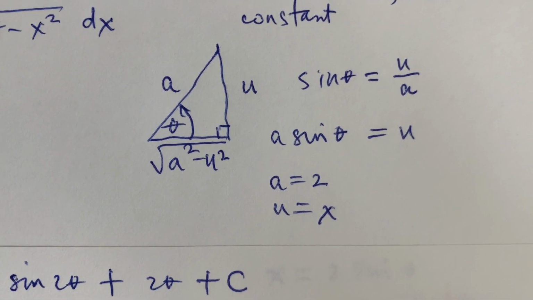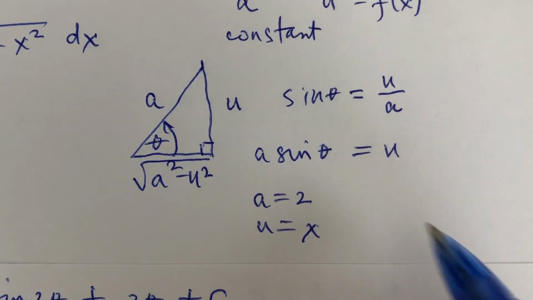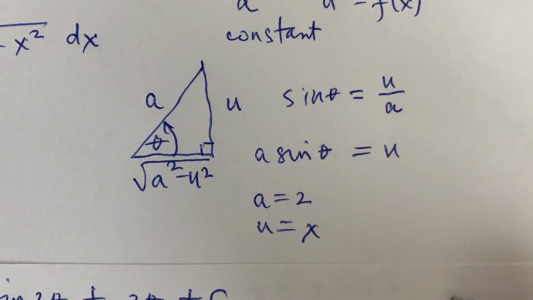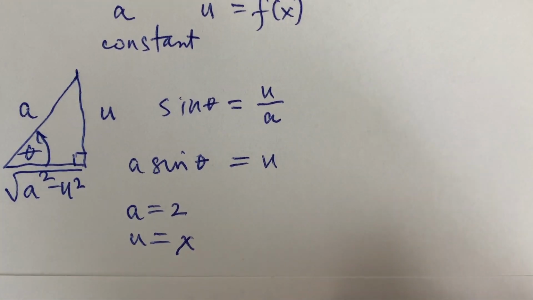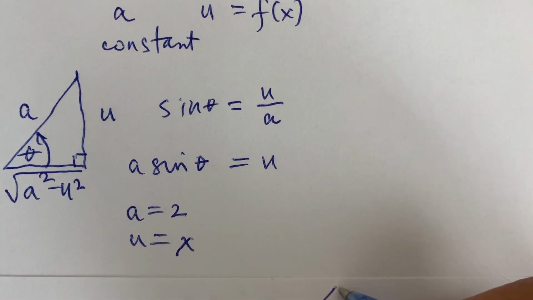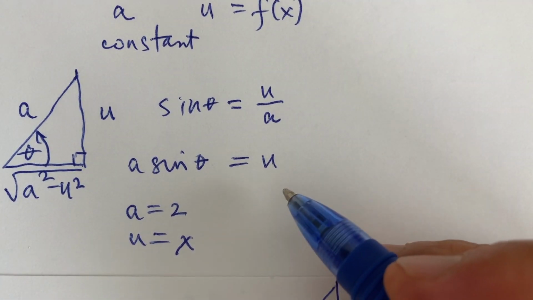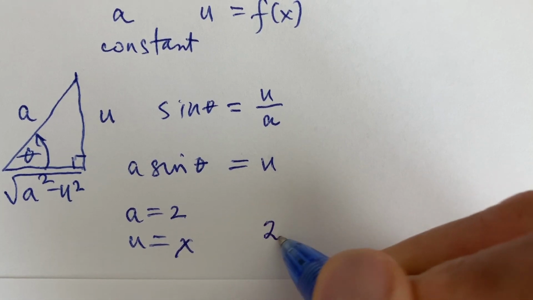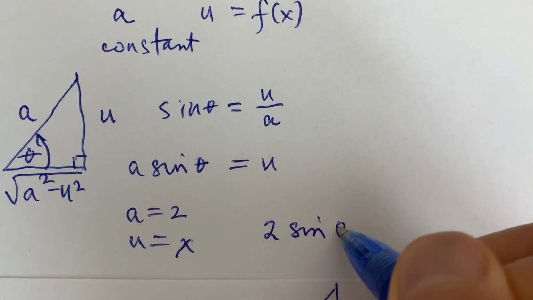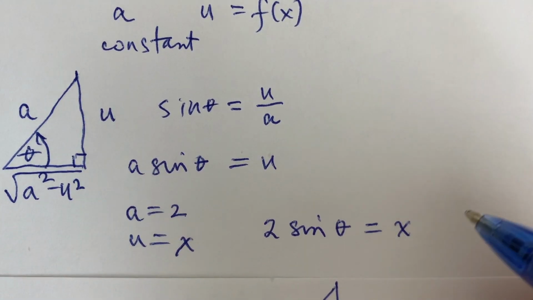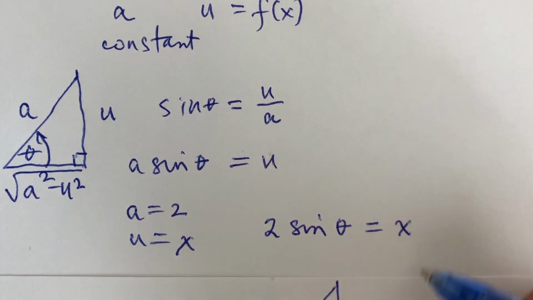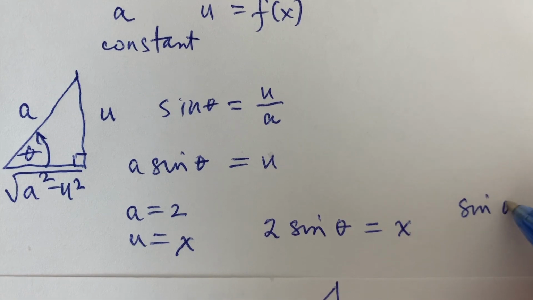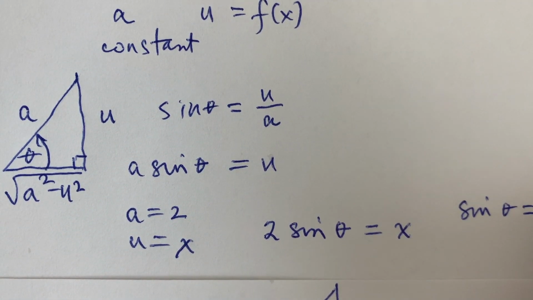Let's draw our triangle. That was our original triangle. Now we will draw our triangle in terms of x. Here we go. We have a sine theta is equal to u, or 2 sine theta is equal to x. So we can rewrite this as sine theta is equal to x over 2.